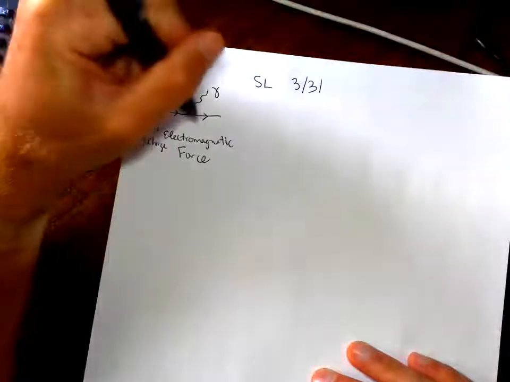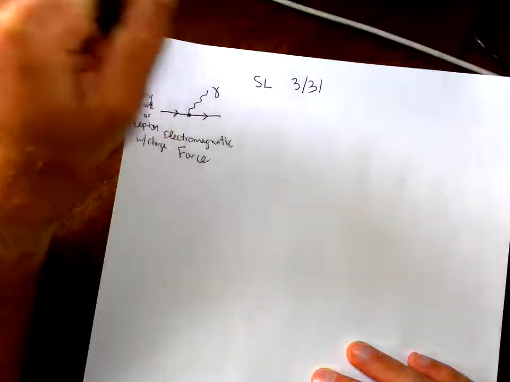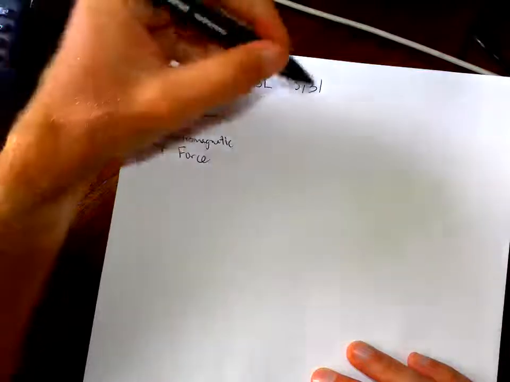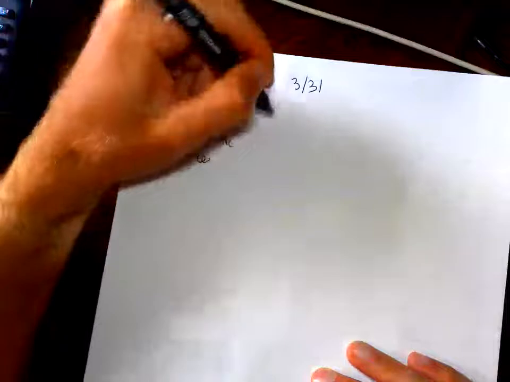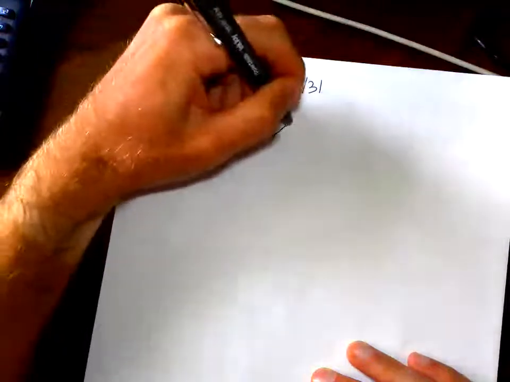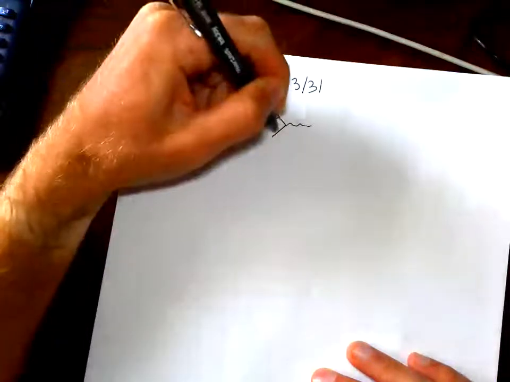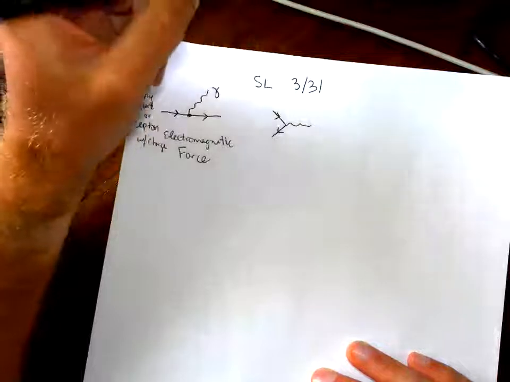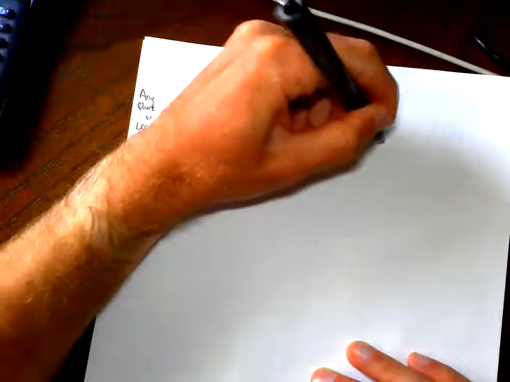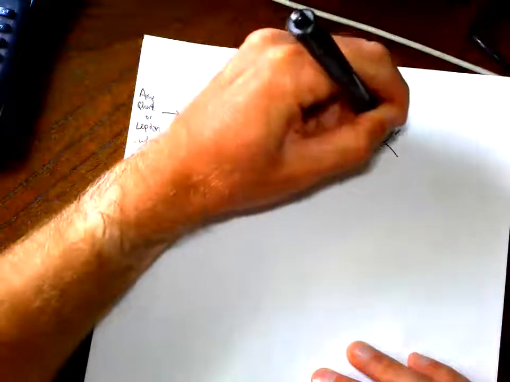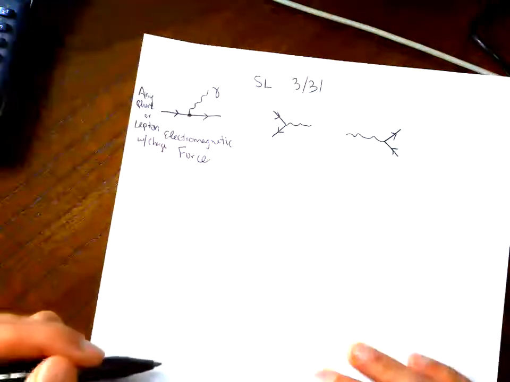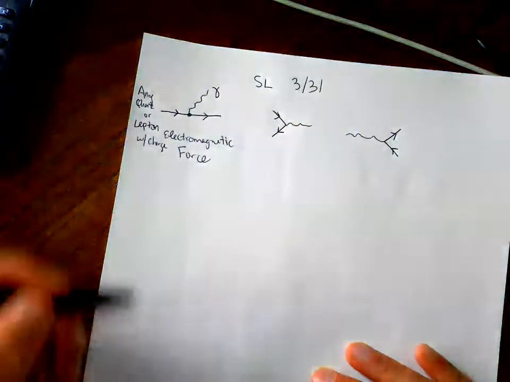You can take the legs and move them around different ways to get different interpretations. You could bend it like this, or you could bend it like that. The interpretation changes depending on how you rotate it.